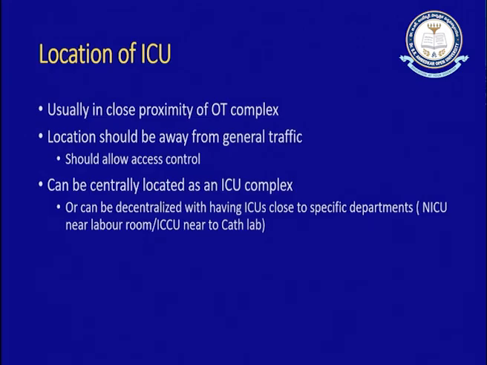So, these critical care areas are located in close proximity to each other, okay? And this location should be away from the general traffic. It should allow access control, and we cannot allow everyone to enter the ICUs like in the other care areas. So, the ICU is fully restricted, and they have to put in access control so that only a specified group of people can enter the ICUs, okay?